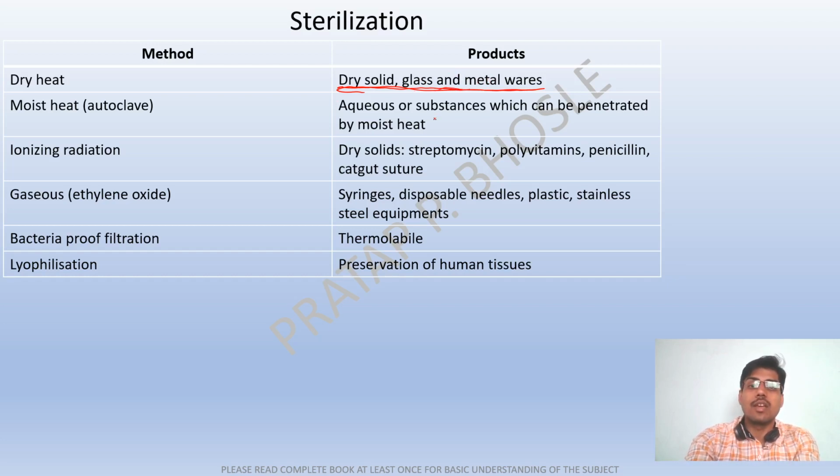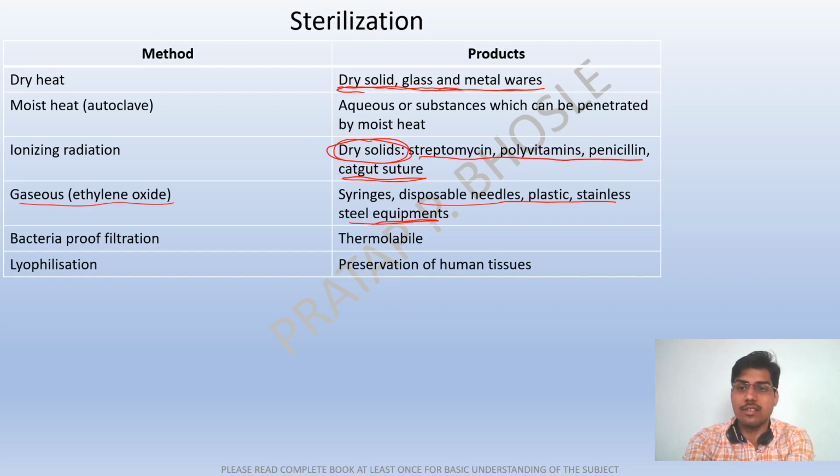The moist heat: aqueous substances which can be penetrated by moist heat. Ionizing radiation: dry solids, streptomycin, polyvitamin, penicillin, catgut, sutures. जो भी ड्राई सॉलिड है वो आयनाइजिंग रेडिएशन. Gaseous, ethylene oxide: syringes, disposable needles, plastic, stainless steel and equipment.